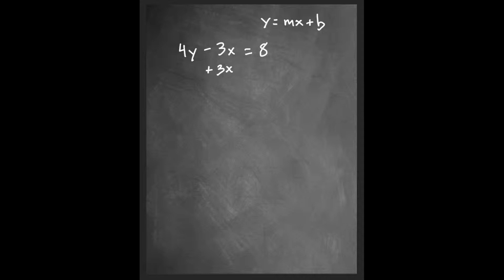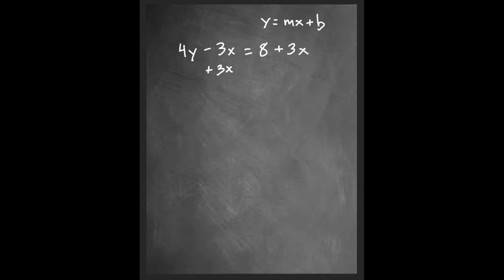Now we don't have to worry about a negative 3x on this side anymore. But remember, anytime we do something to one side of the equal sign, we have to do the same thing to the other side in order to keep them equal. So we added 3x to this side, so we're going to add 3x to this side of the equal sign.